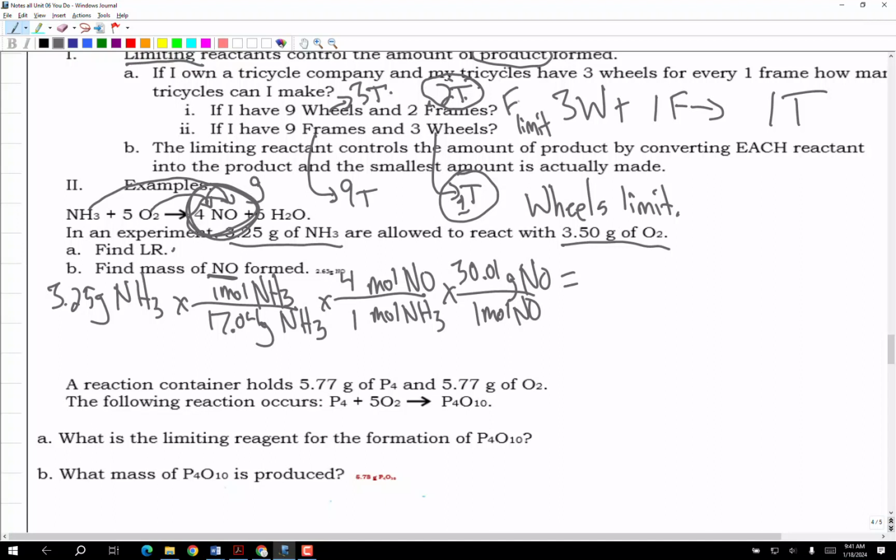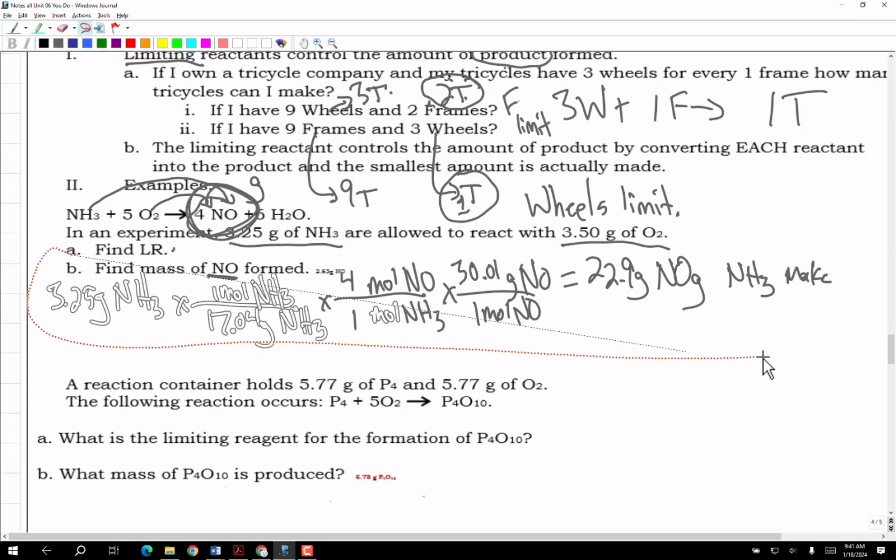So 3.25 divided by 17.04 times 4 times 30.01, I get 22.9. Now, this is the most that NH3 can make.